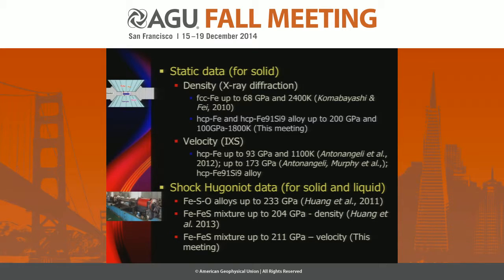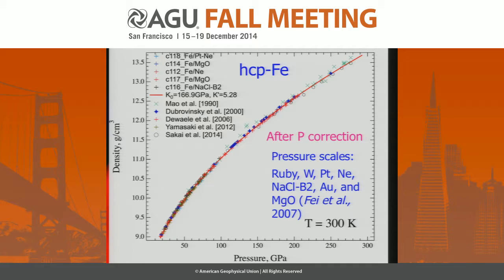Last AGU I talked about the example of HCP iron, which is one of the fundamental properties of density, because we need a reference model. So far all the published data, including the data we recently produced, make a very nice data set at room temperature.